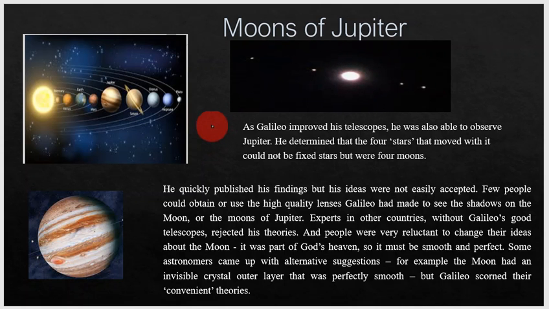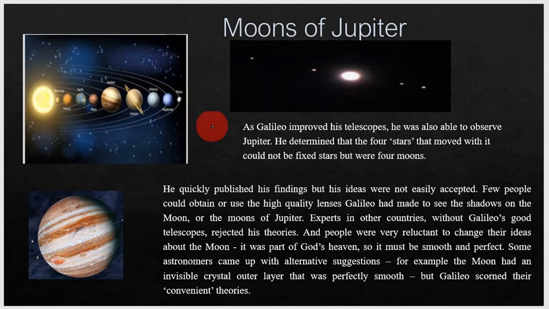So he was excited about all of these findings, and he wanted to do what all scientists do: write down their ideas and publish them to see what other scientists think. So he quickly published his findings, but his ideas were not easily accepted. Few people could obtain or use the high quality lenses Galileo had made to see the shadows on the moon.